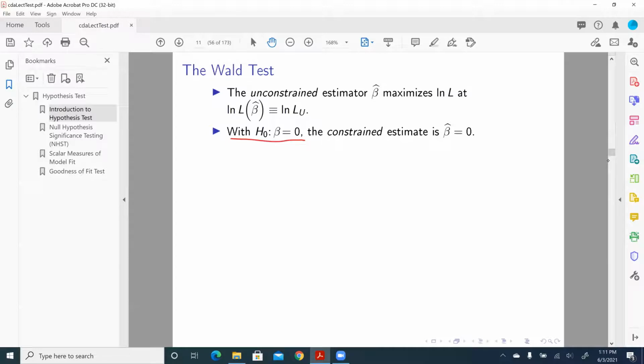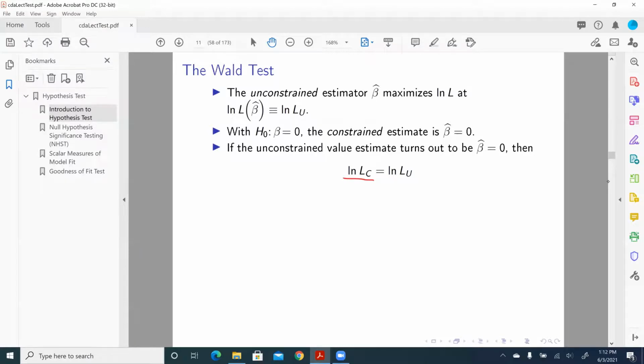With beta set to 0 in the null, the constrained estimate is beta hat equal to 0, assuming the null is true. If the unconstrained estimate turns out to be 0, then the log likelihood of the constrained model equals the log likelihood of the unconstrained model.